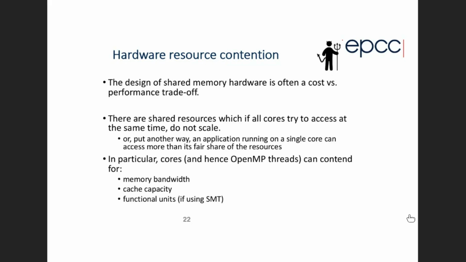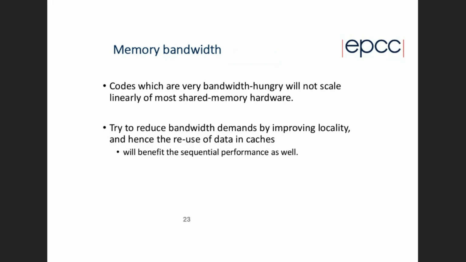Okay, so resource contention. Cores can contend for memory bandwidth. They can contend for cache capacity in shared caches, and they can also contend for functional units if we're using simultaneous multi-threading. The most important one is probably memory bandwidth, because codes which are very memory bandwidth hungry just do not scale linearly on almost any shared memory hardware.